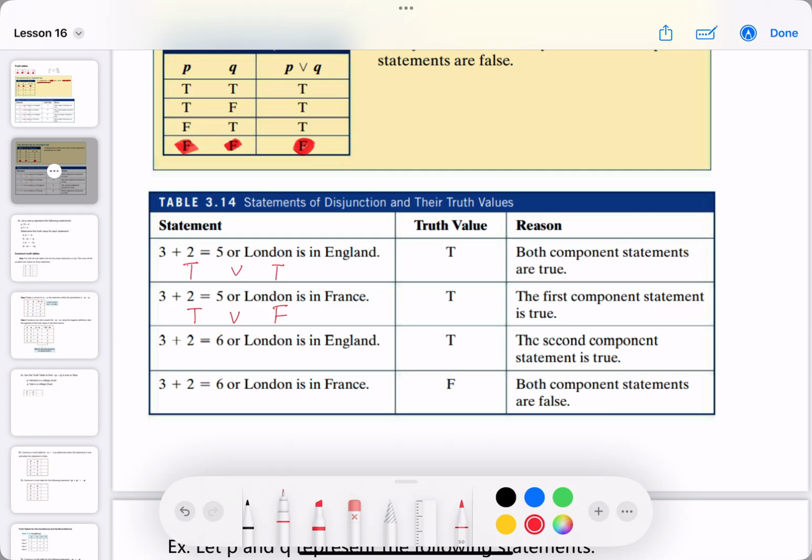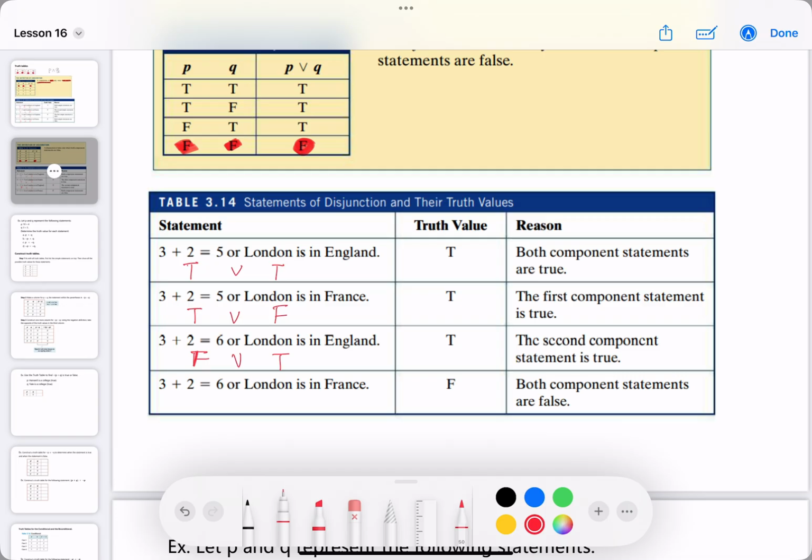But we have one true statement, that means this disjunction is true. Next example: 3 plus 2 is equal to 6, it is false, or London is in England, so it is true. So false or true is a true statement.